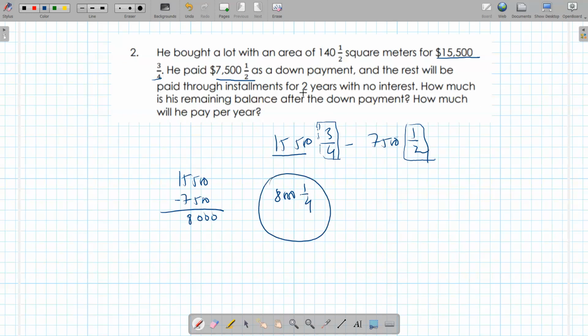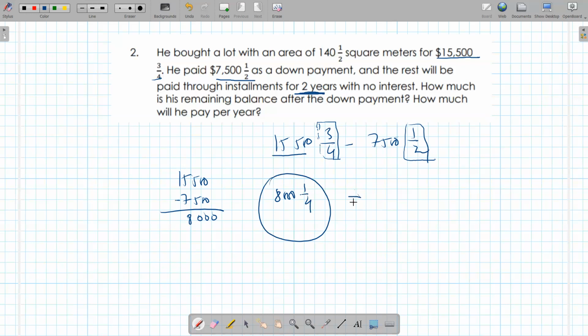This payment is going to happen over 2 years. So how much will he pay per year? Wait, so this amount is going to be paid over the 2 years? Yes. You divide by 2.